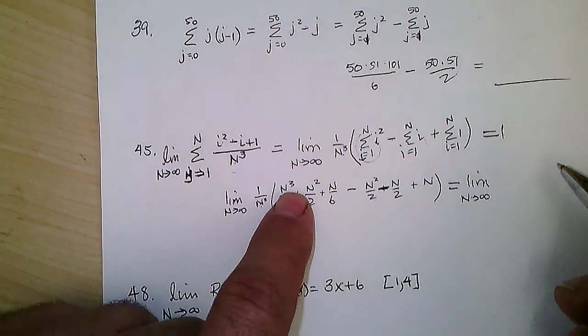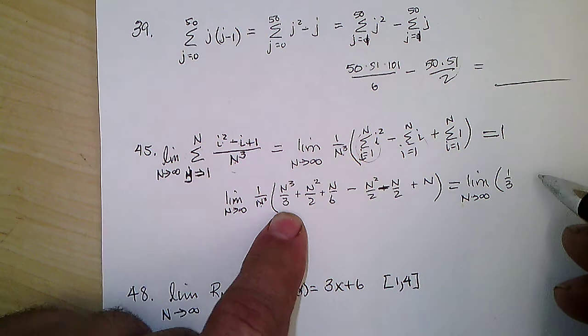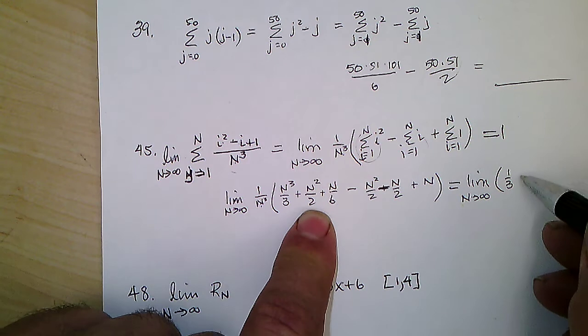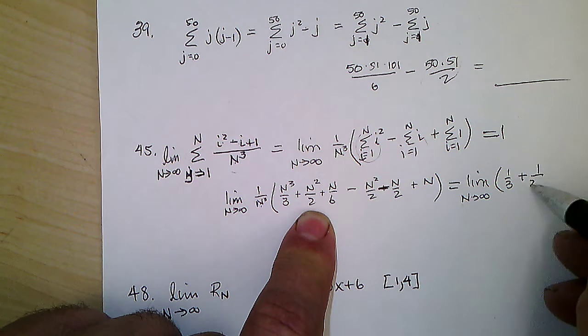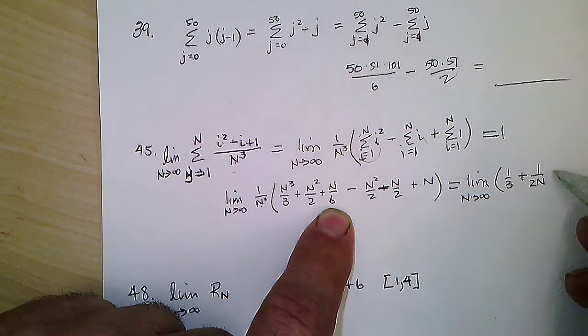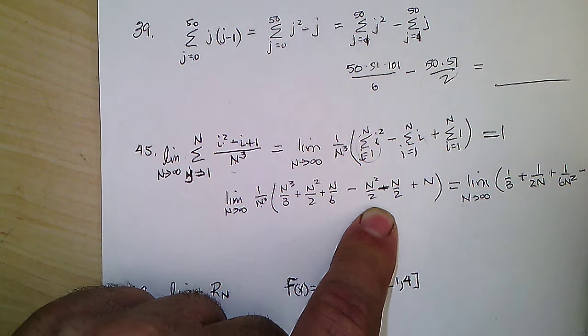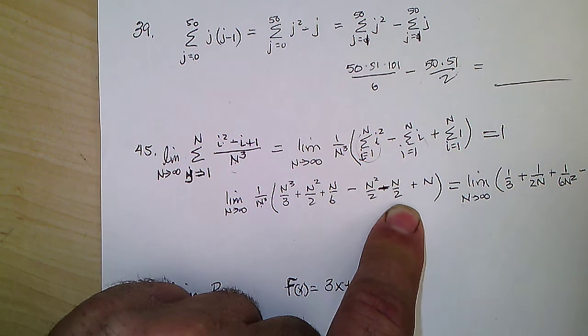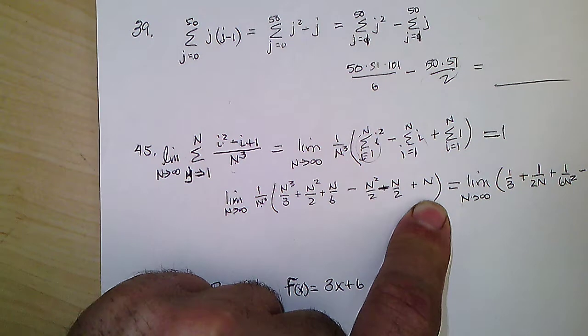I'm going to have n to the third divided by n to the third, so I'm just going to have 1/3. Then on the rest of these, I'm going to have an n left in the denominator: 1 over 2n plus 1 over 6n squared minus 1 over 2n minus 1 over 2n squared plus 1 over n squared.